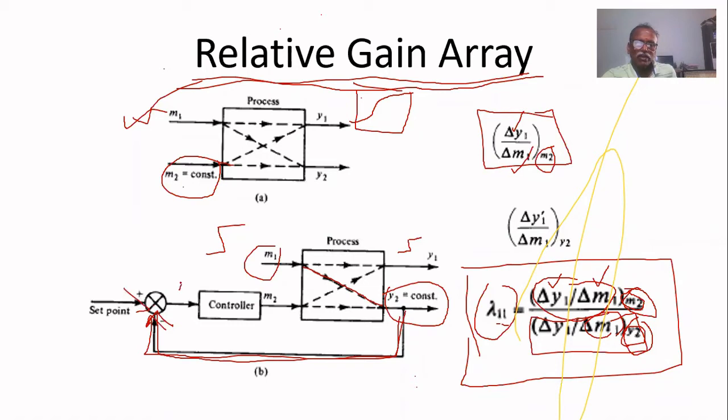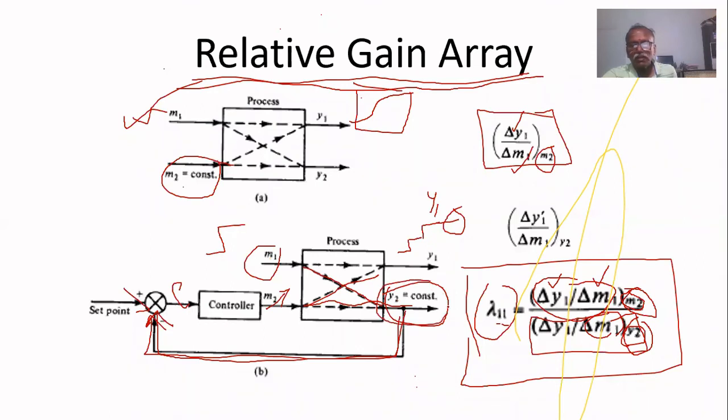Compared with the set point, error is generated, and the controller changes m2. Then this is the change due to m2. Let us assume direct, then indirect effect. Then it adjusts m2 again and again. Because of this change in m2, finally you get one value. That is the new y1 because of change in m1, keeping y2 constant.